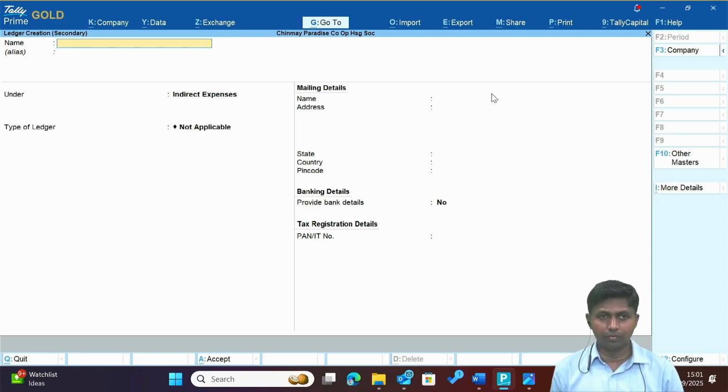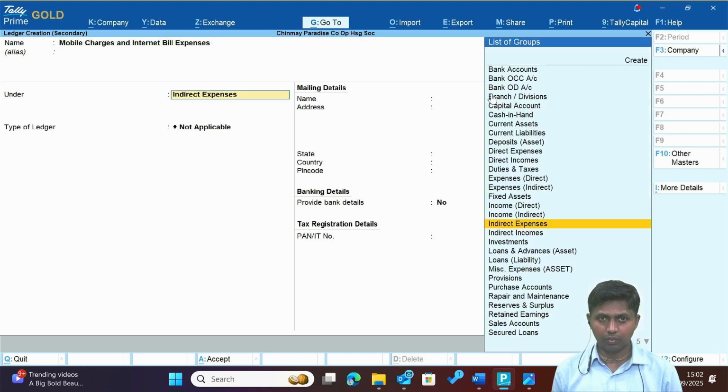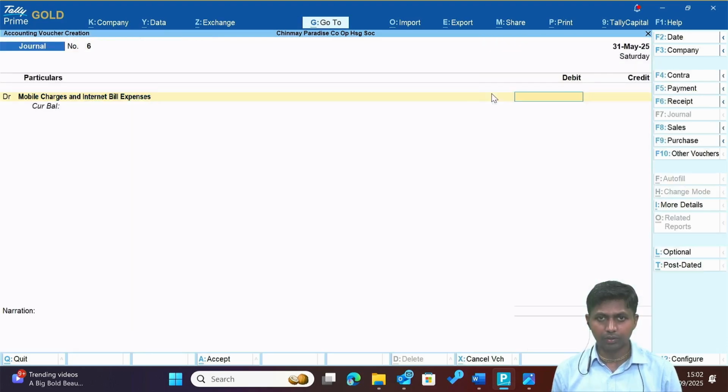Therefore, instead of creating phone, telephone, and internet, we'll create mobile and internet. Mobile charges and internet bill expenses account under indirect expenses.